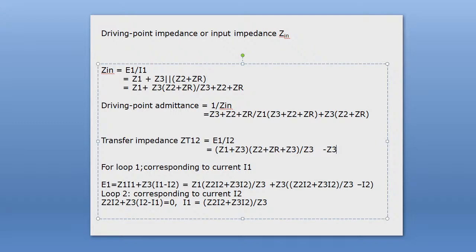So E1 by I2 you will get such a type of expression: Z1 plus Z3 into Z2 plus ZR plus Z3 divided by Z3, the product of Z1 plus Z3, Z2 plus ZR plus Z3 by Z3, minus Z3. Okay, now you simplify this and you will get the ultimate expression of this transfer impedance.